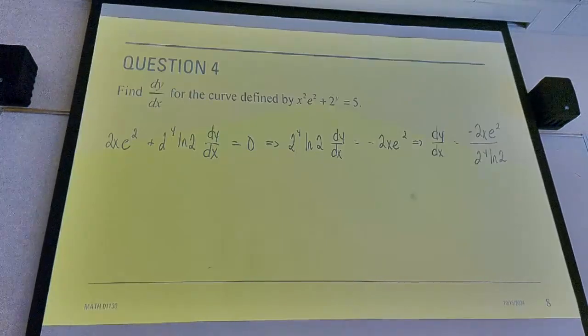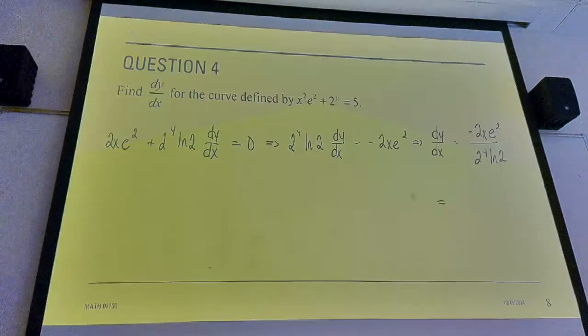We can expand that 2 to the 4. Can we expand that? How would that simplify?